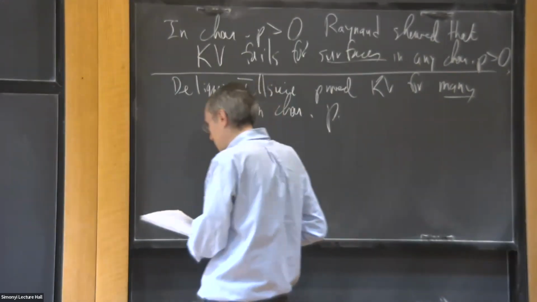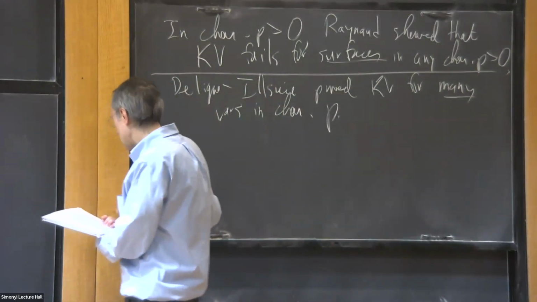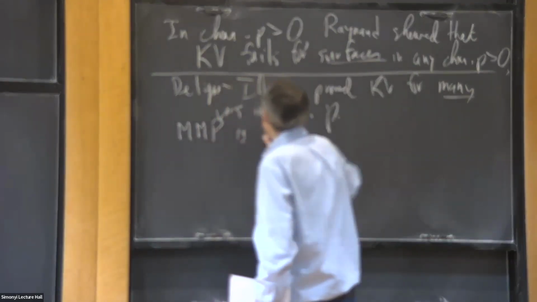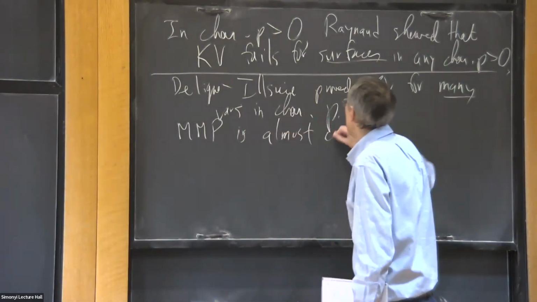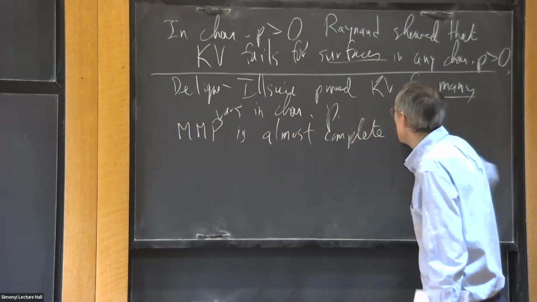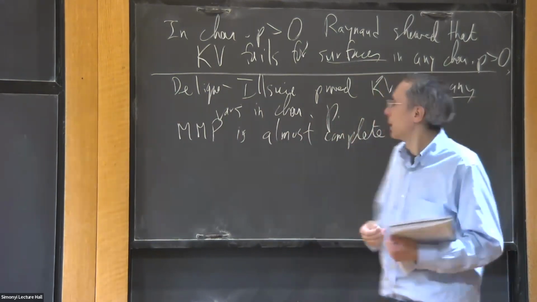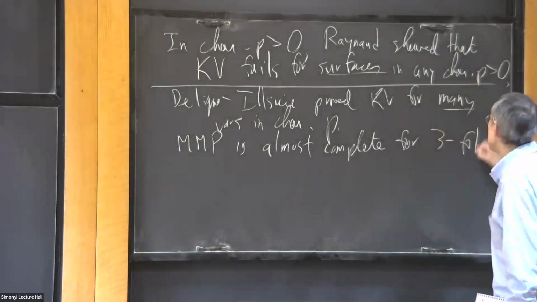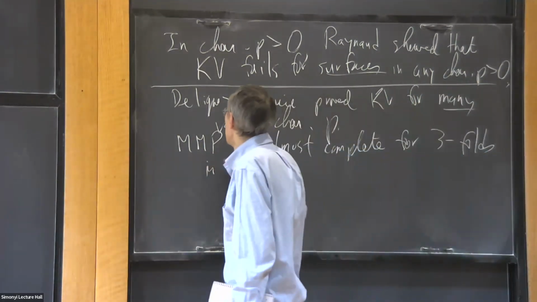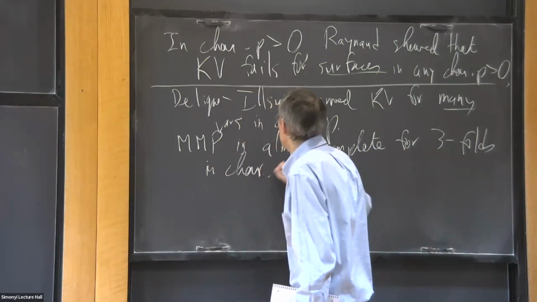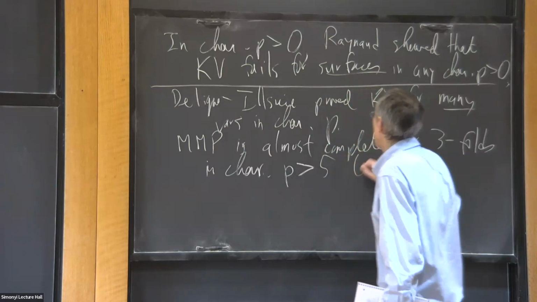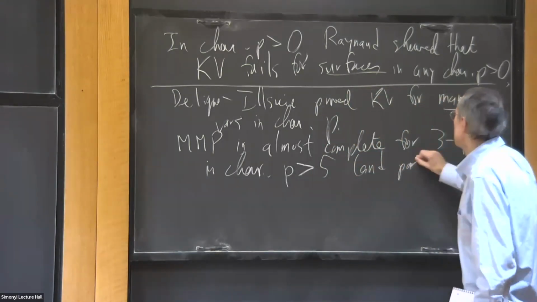I should say that the minimal model program is almost complete now. For surfaces, it's more or less an old story. It's more or less complete for threefolds in characteristic p greater than 5, and to some extent, partly, for p equals 5.